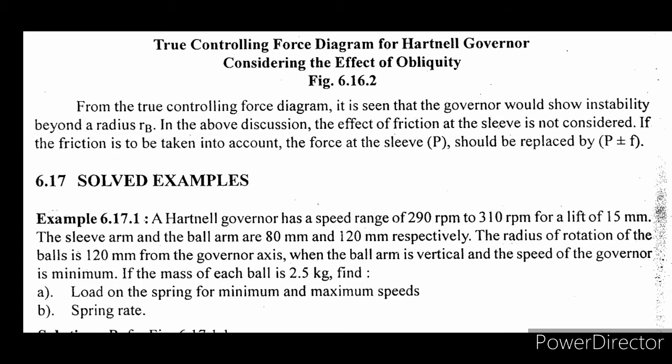Let's solve the problem. As I have explained you in the question, the same way you have to approach. So what you will do? So first let's go with the data as given in the question. N1 is equal to 290 rpm, N2 is equal to 310 rpm.